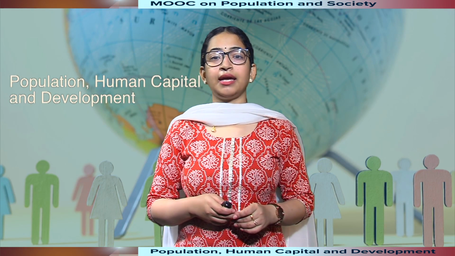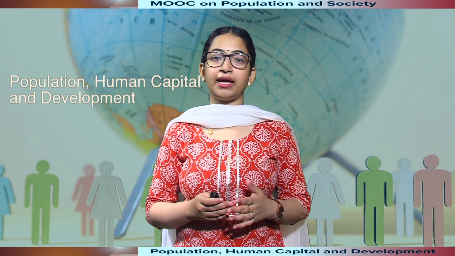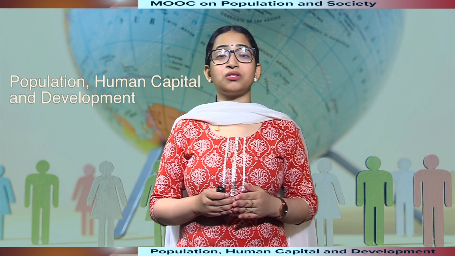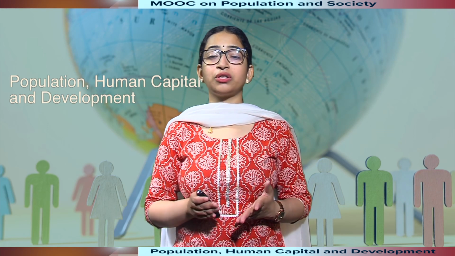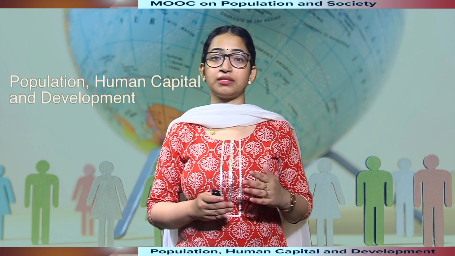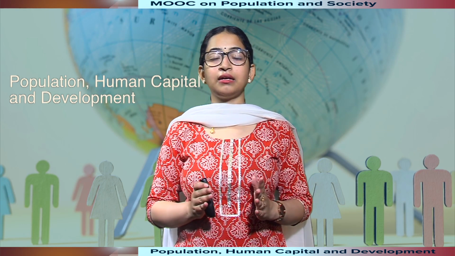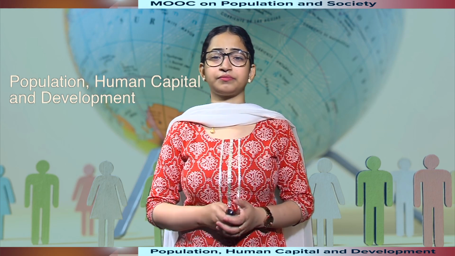This results in the strengthening of the urban areas, while the rural areas are left neglected. This also happens in the case of international migration. Migration of highly educated and skilled workers from the less developed countries to the developed countries also results in stagnating the economic development of the parent countries.